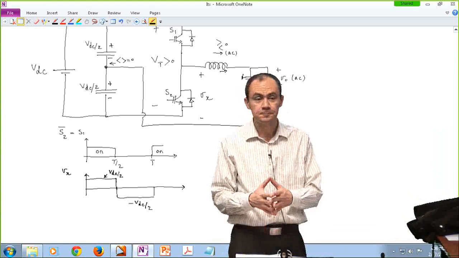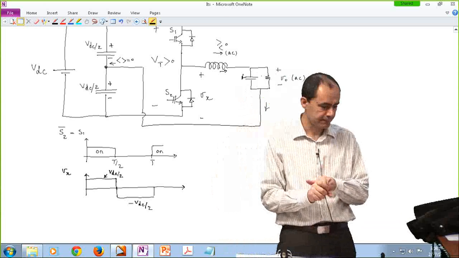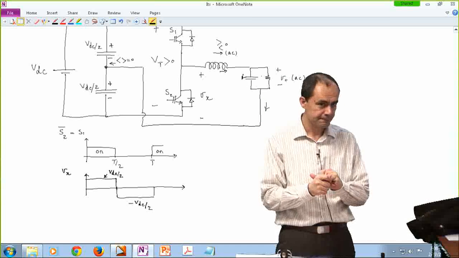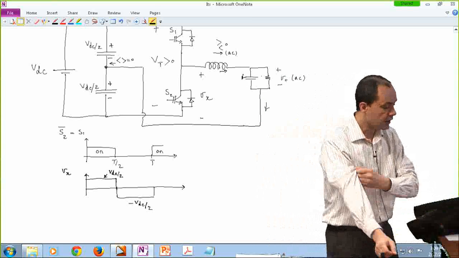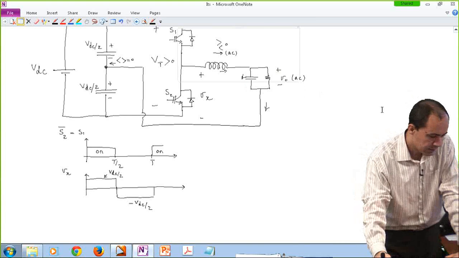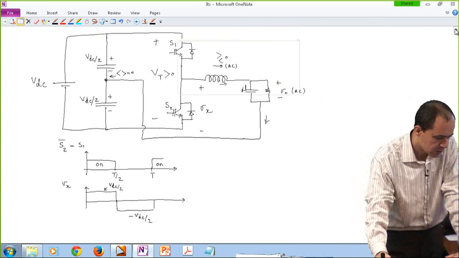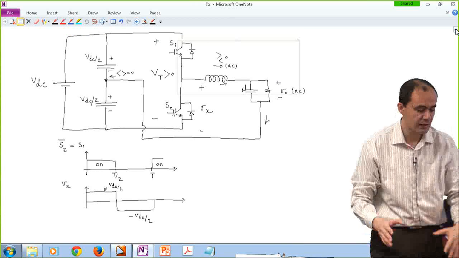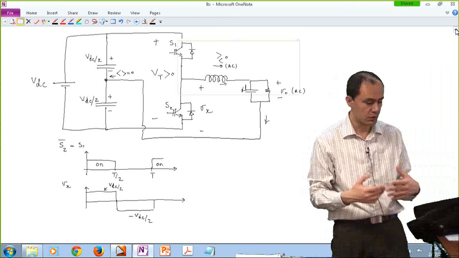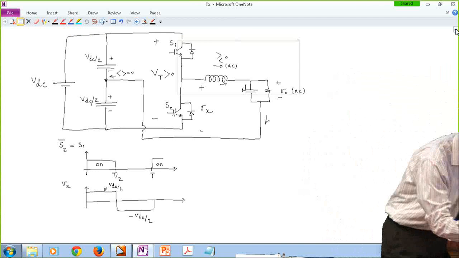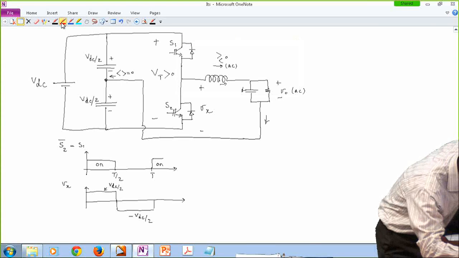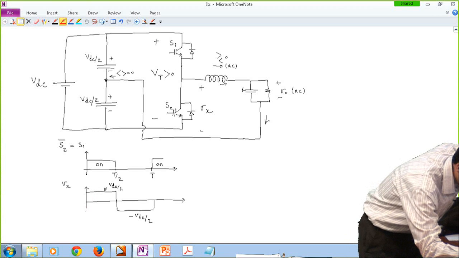Any questions? Yes? Does the output take like exponential growth and decay? Okay, it may or may not. It depends on the value of your inductor and the value of your capacitor. Actually, if you ever use a capacitor or not. If I do not use a capacitor and my inductor is, for instance, relatively small, or the time constant is relatively small, your current is going to look like this.